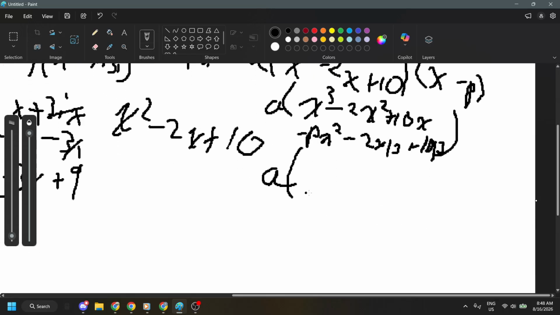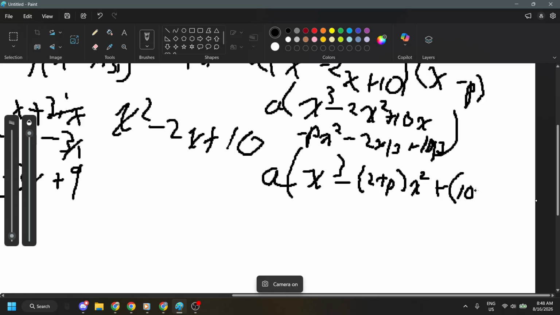So we have a times x cubed minus 2 plus p x squared, minus 2 plus p x squared, plus 10 minus 2p x plus 10p. Sorry, I have like no room on my desk.